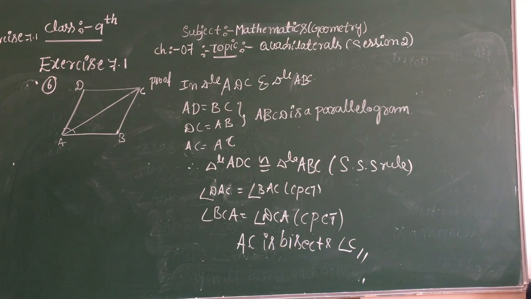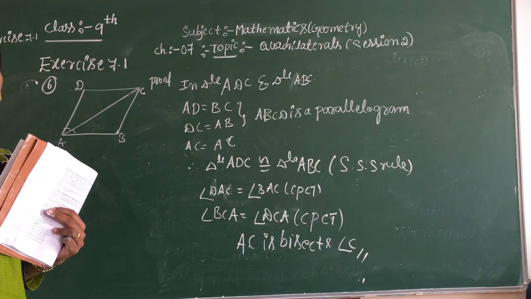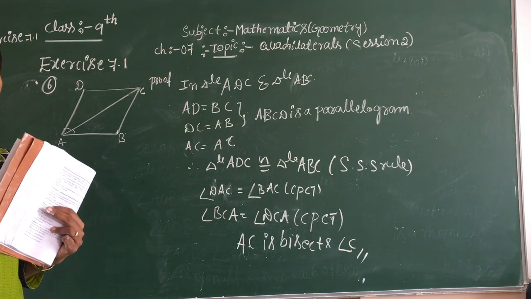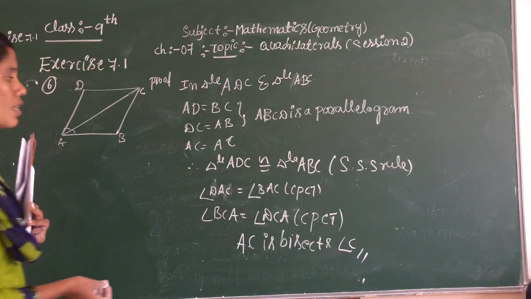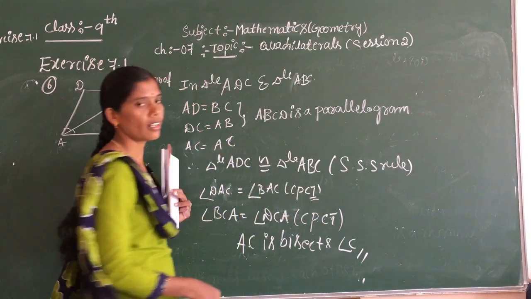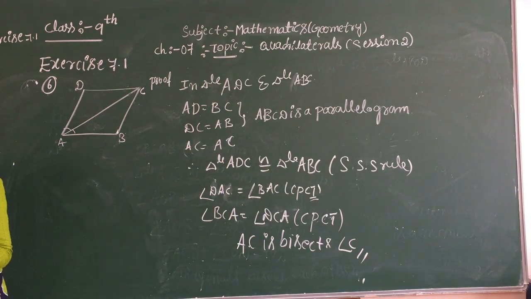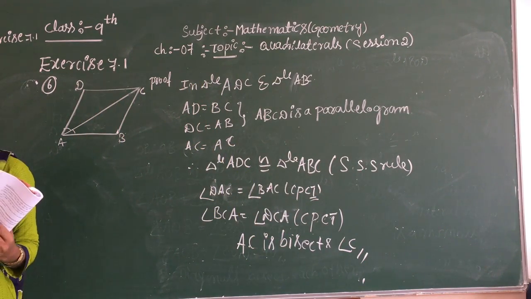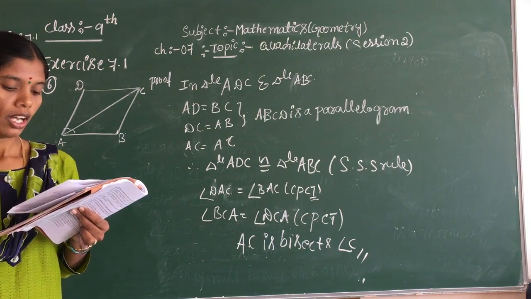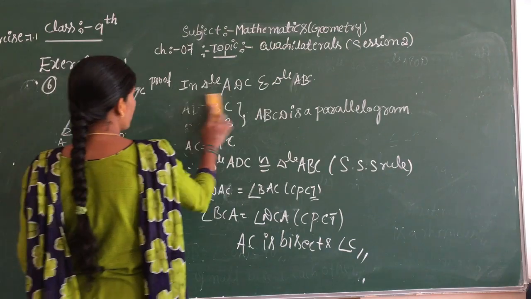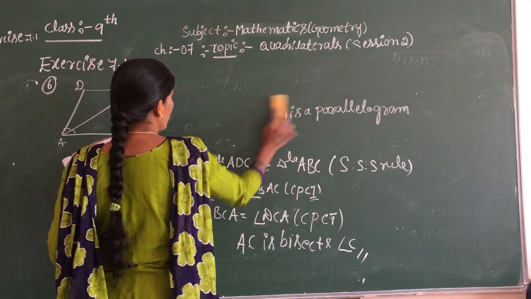Both are two triangles. Any quadrilateral has two triangles. That only you should compare. So this is one of the CPCT, corresponding parts of congruent triangles. Now next we shall go to that. So the quadrilateral is one of the rhombus. Okay, ABCD is a rhombus. Prove that.